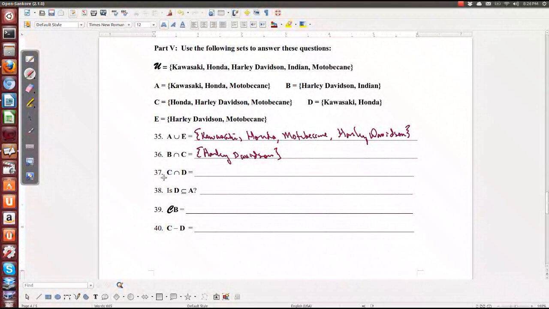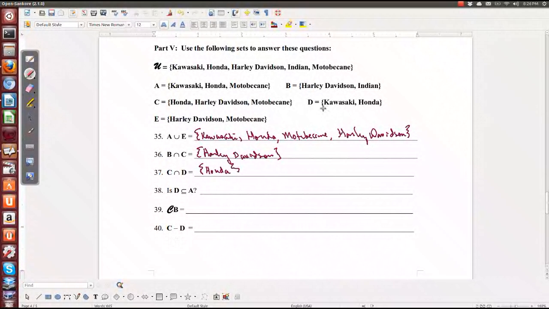On 37, I want the intersection of C with D. In other words, whatever's in both C and D, and only Honda satisfies that. So I've got the set containing Honda. On 38, I want to know, is D a subset of A?